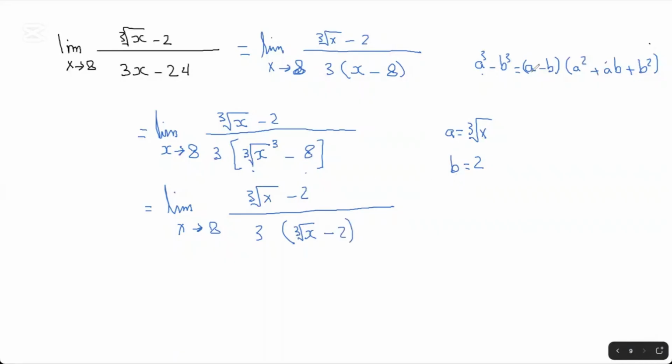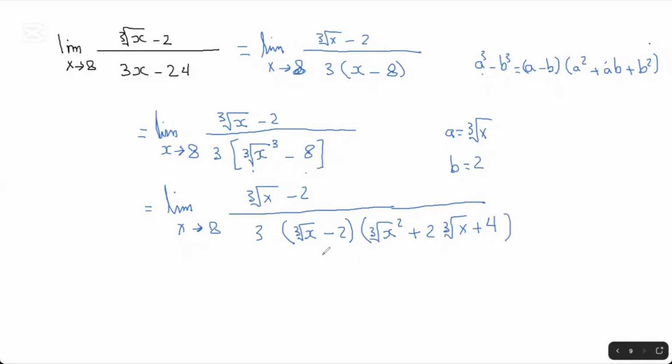So that's the a and the b. And then you square the a, so squaring that gives you the cube root of x squared, plus, then you multiply a and b, and that gives you 2 times the cube root of x, plus b squared, and b squared is 4.